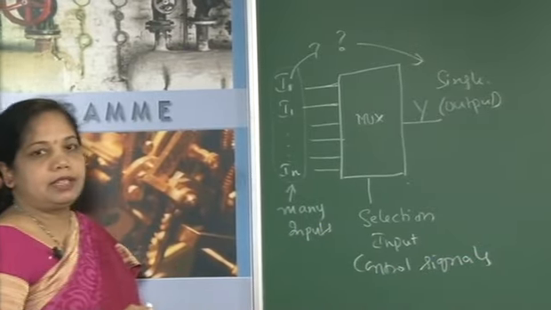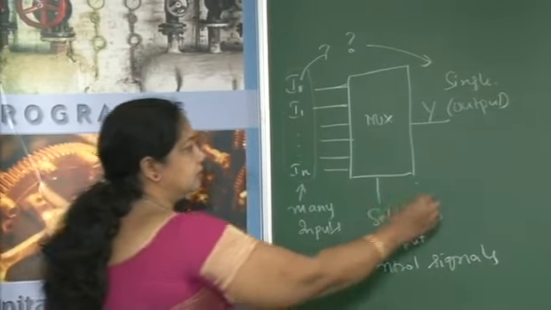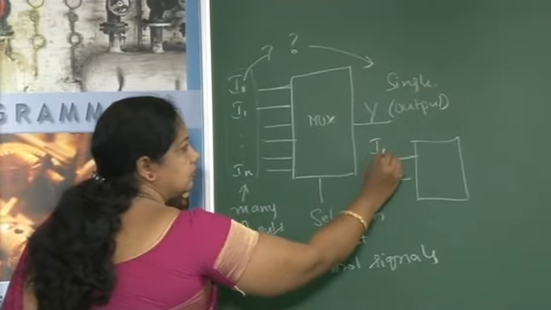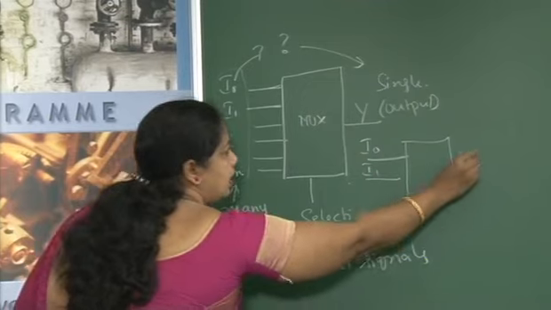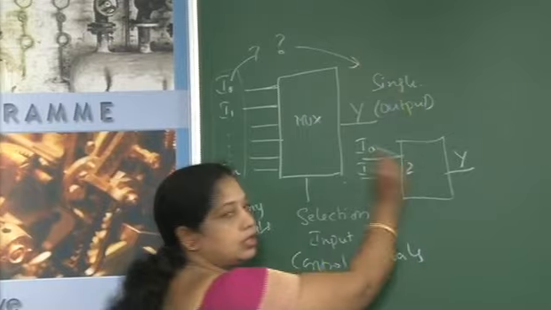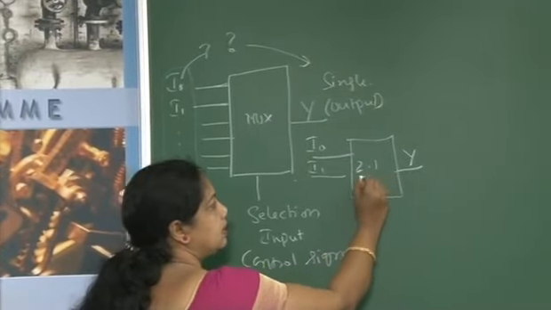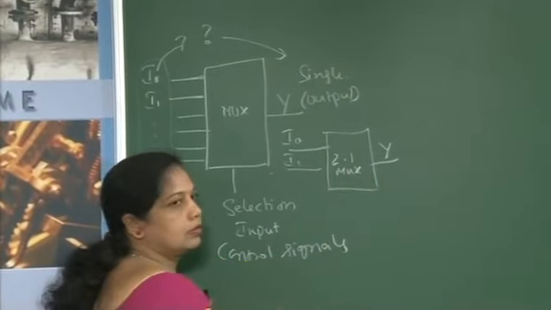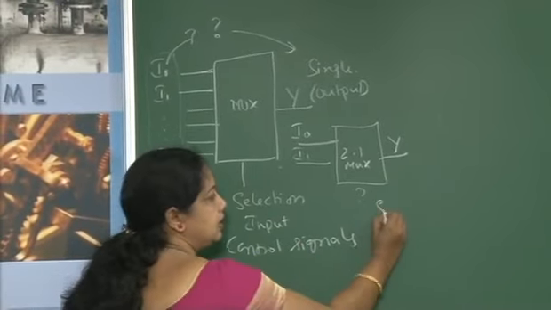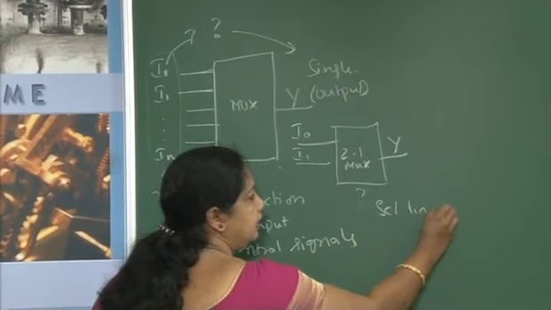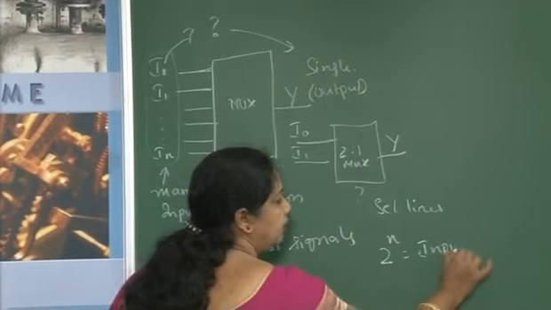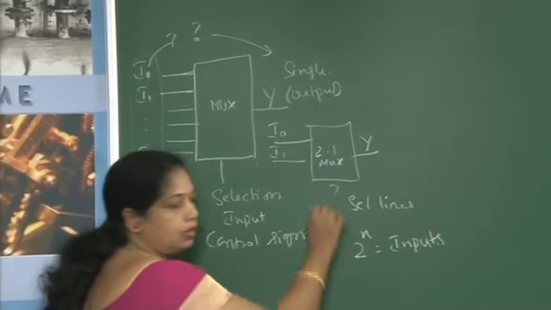Let me take up an example. I will consider a mux with 2 inputs and 1 output. I will define this as a 2:1 mux. How many selection lines are there here? The number of selection lines is calculated from the number of inputs.